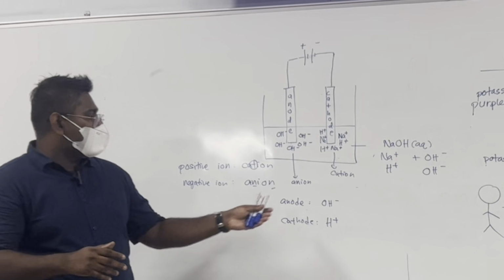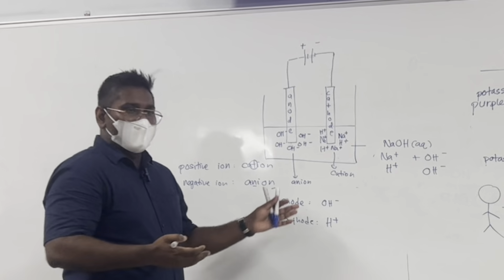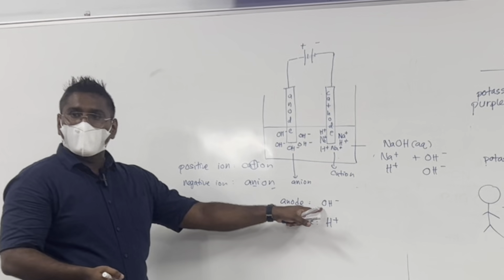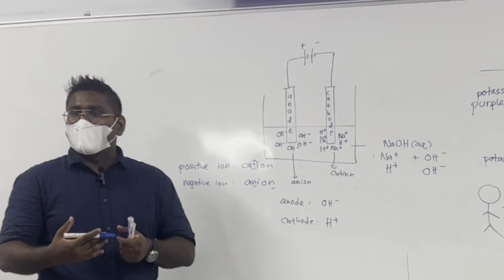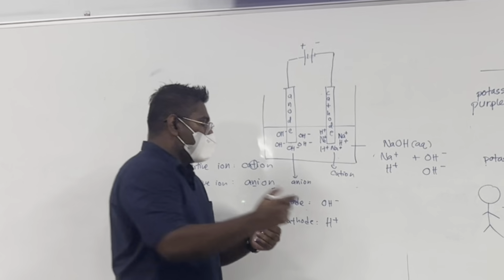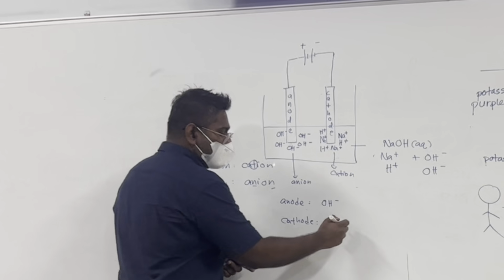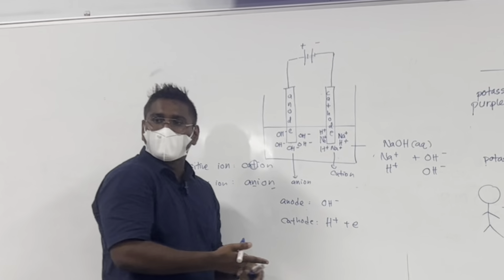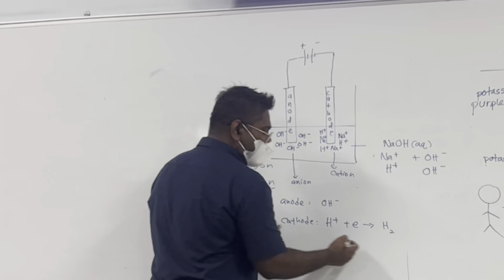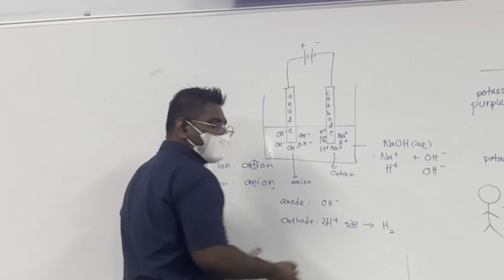So anyway, what happens at the anode, and what happens at the cathode? At the cathode, I just put plus electron, and they will give you hydrogen gas, so you must have 2.